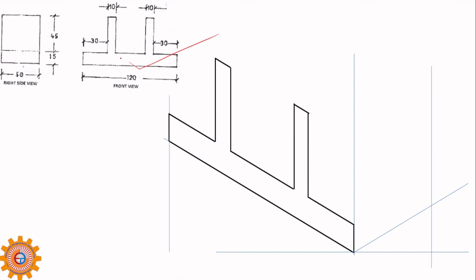This rectangle, this rectangle, this parallelogram, this rectangle I have drawn like this one. And you have to simply draw this one. How much is it? That is 50. This is 15 by 50 or otherwise 50 by 15. And I have to draw parallel to this.